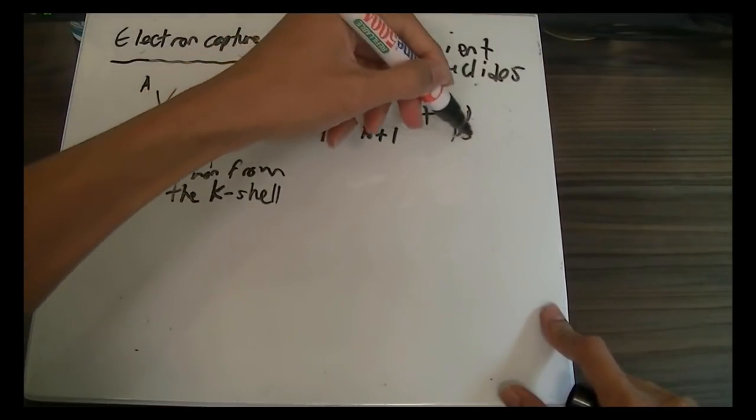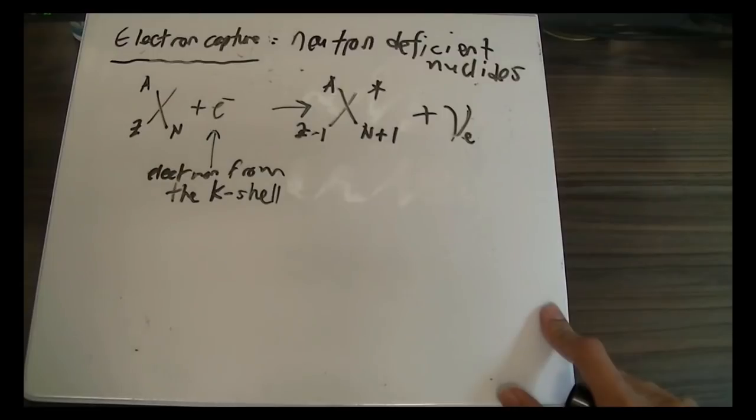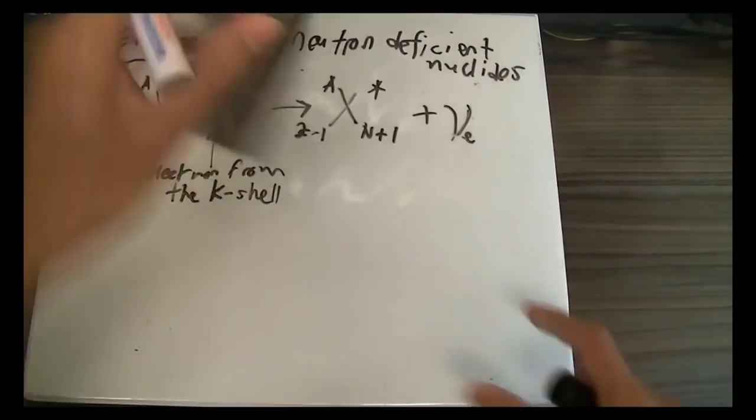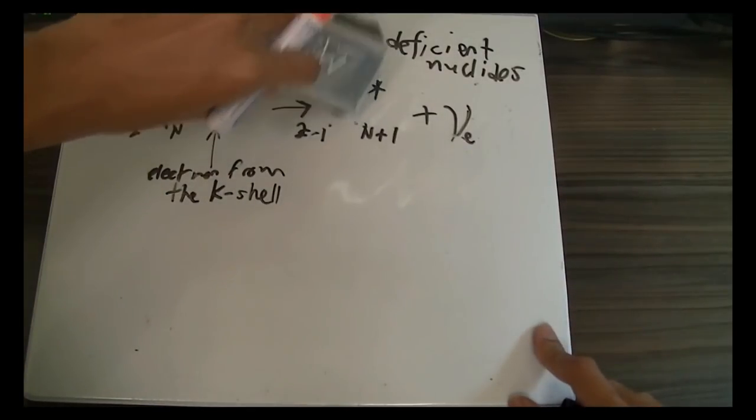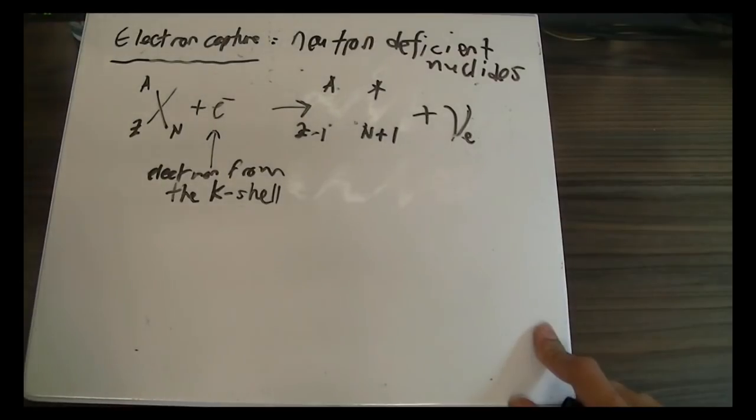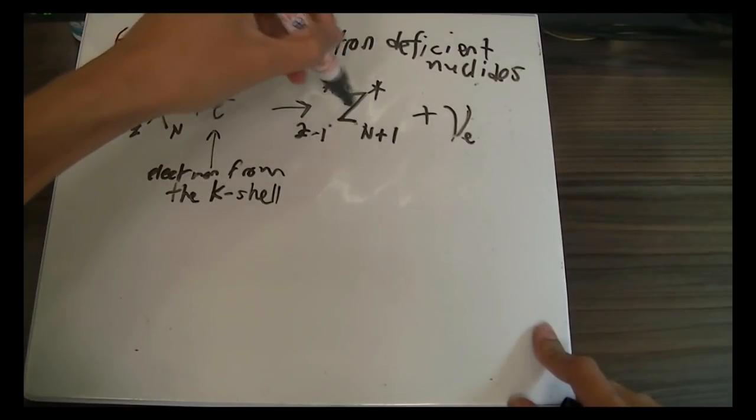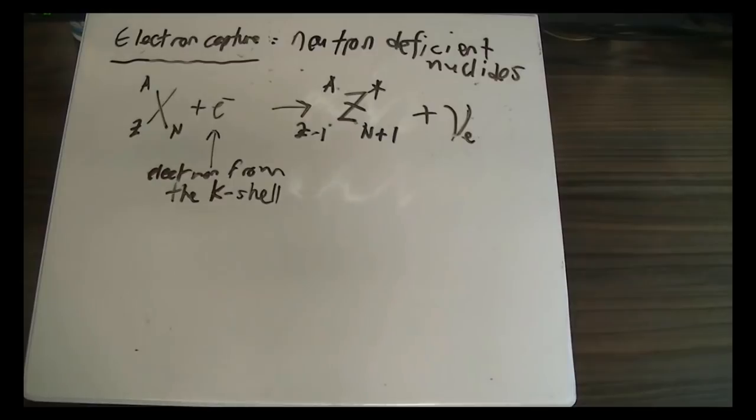I should use Z, not Y, for the daughter nuclide.